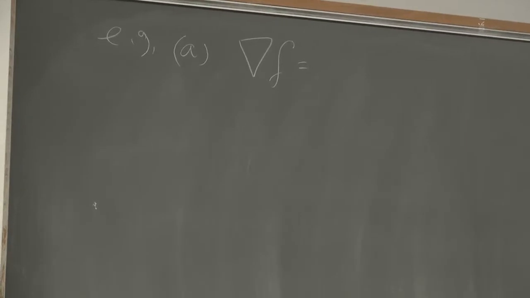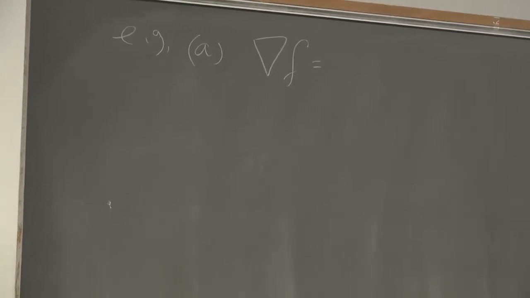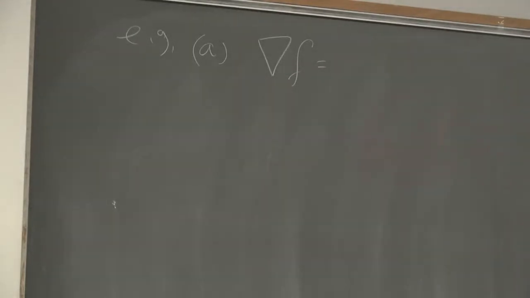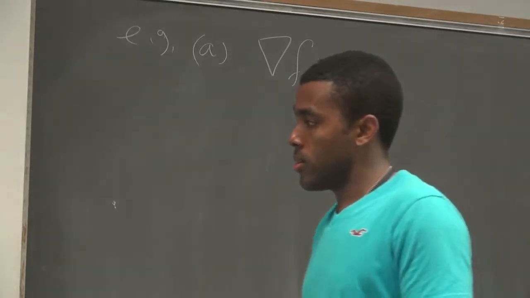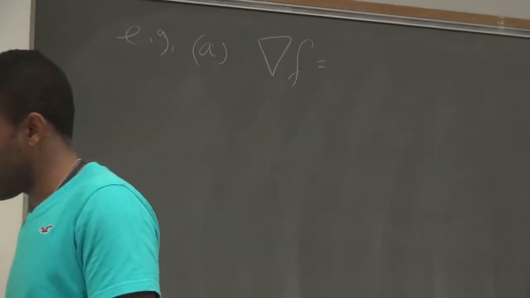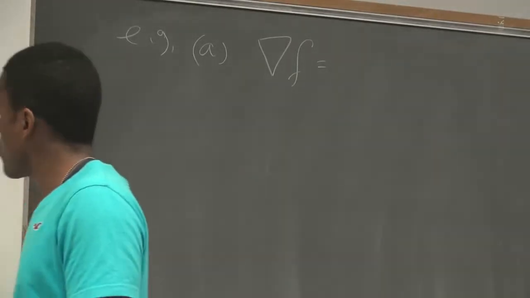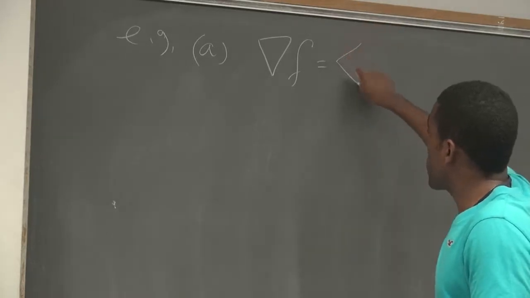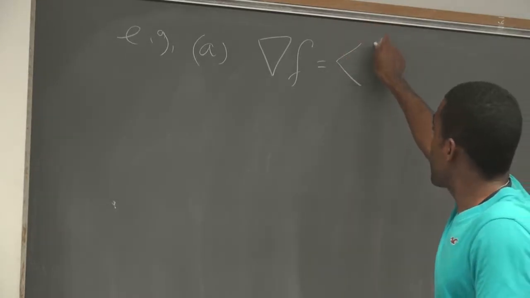Here I'm given a function where I have to find the gradient vector, gradient vector field, if you want to call it that. So by definition, this is what vector? F sub x, comma F sub y.